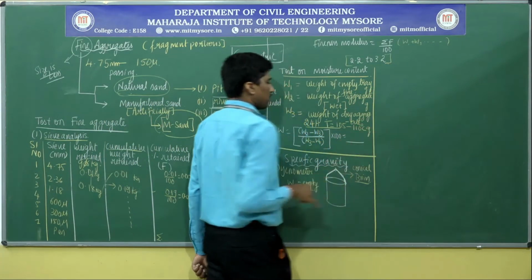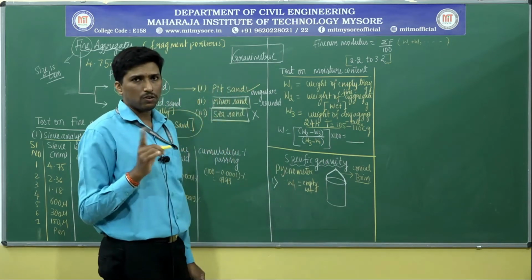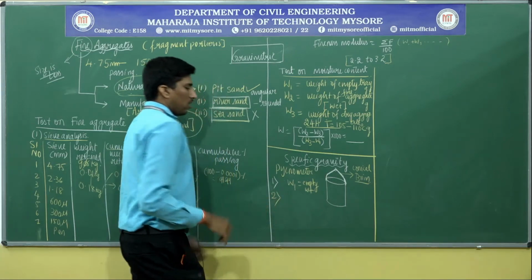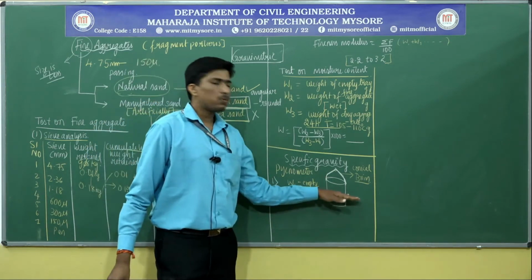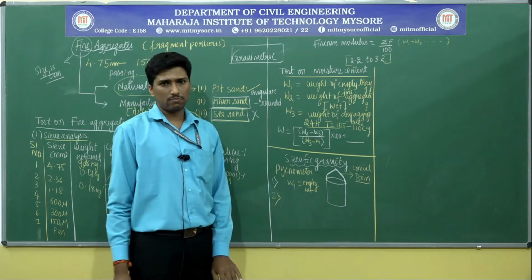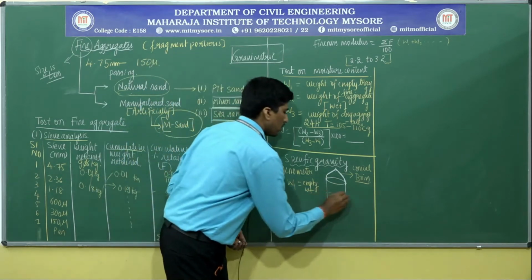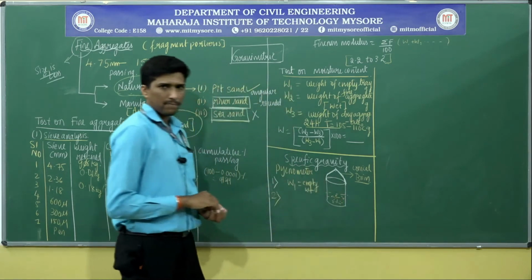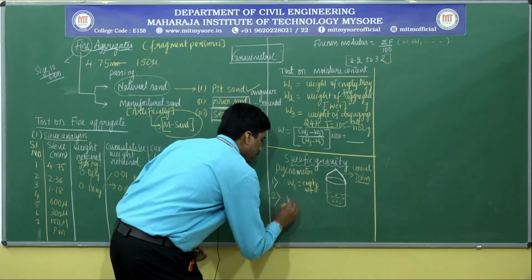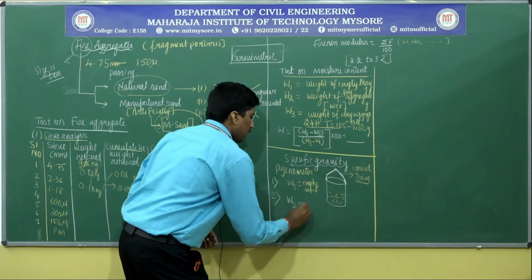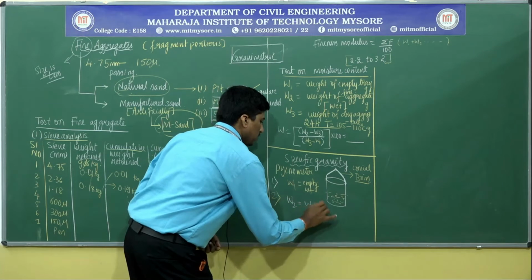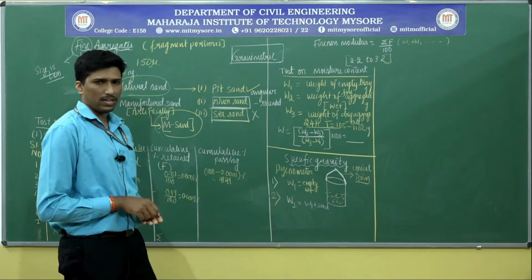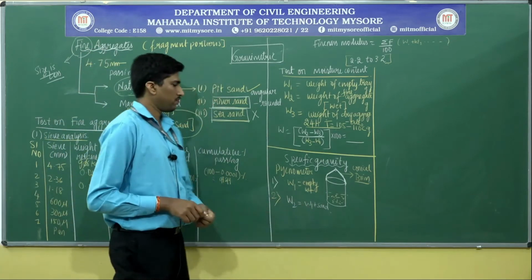It is better to express it in grams or in kilograms, but do not mix them. Second, fill the pycnometer up to one third with sand. Then weigh again, and we call it W2. W2 is the empty weight plus the one third of sand.